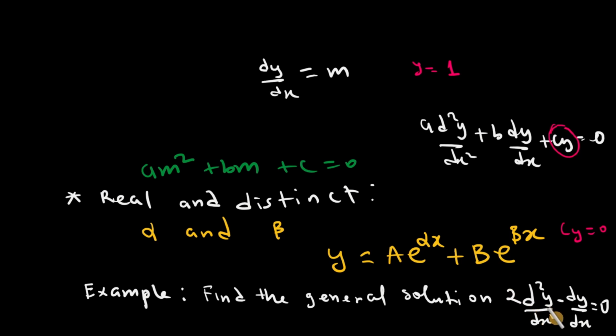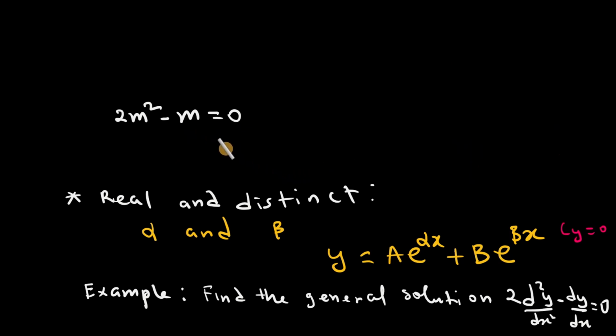If I take dy/dx to be m in this equation, I will have the auxiliary equation as 2m² − m = 0. To solve this, I can factorize out m, and this will give me m(2m − 1) = 0.